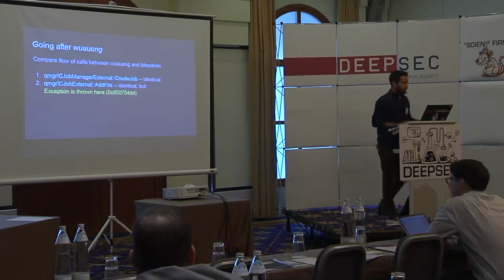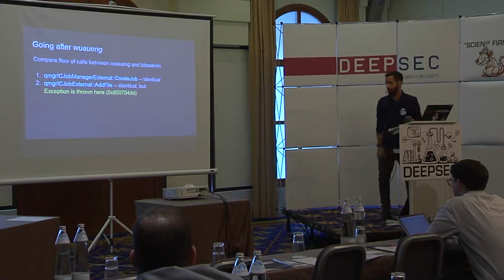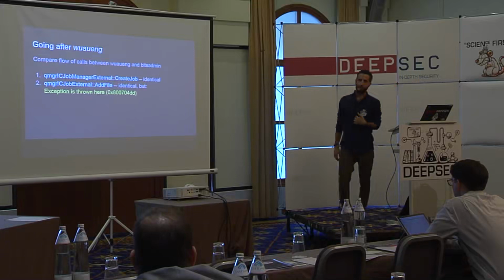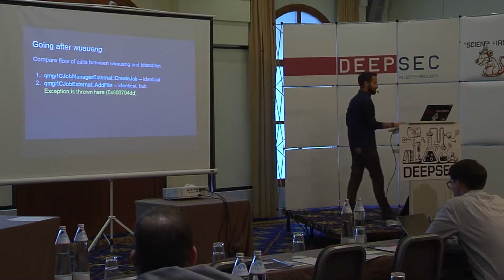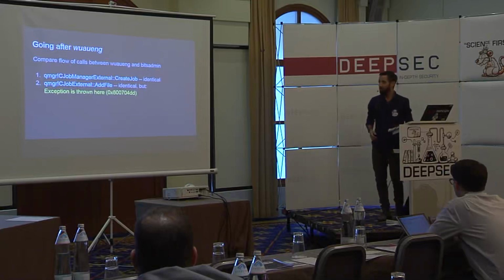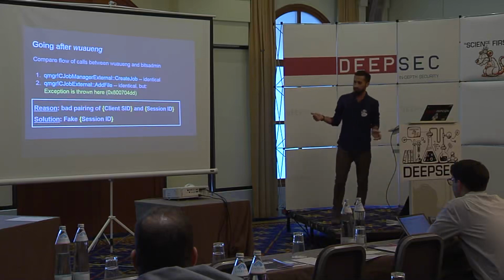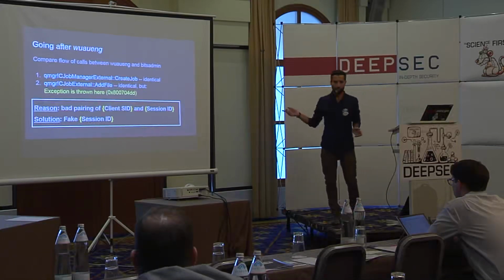But when I look at the call to AddFile, the parameters were identical, but we got an exception when we used BITSInject. And the reason, and I'm going to present in a nutshell what I'm going to talk about in the next few slides, is a bad pairing of the client security identifier and the session ID.